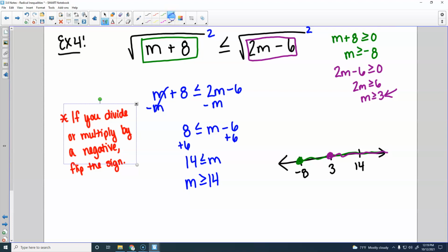But my answer is greater than or equal to 14. So you're looking for where all 3 of these overlap, which is really just greater than or equal to 14. So we could just say that as our answer here. Because if a number is bigger than 14, it's also bigger than negative 8 and positive 3. So we don't have to worry about the domain on this one.